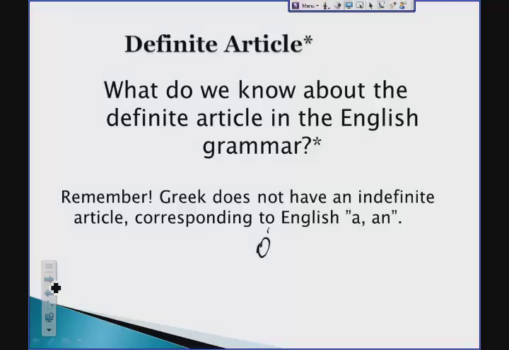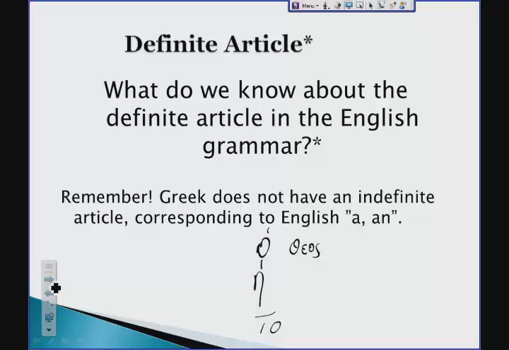You have the definite article he, which is feminine. And you have the definite article to, which is neuter. So if you want to write ho theos, we normally don't translate it as the God, it's just God, but we know the God we're talking about, that's why it's definite.